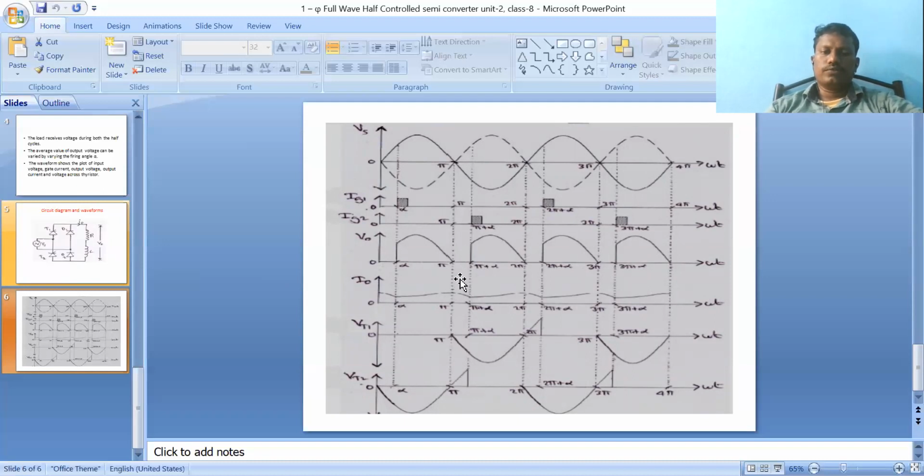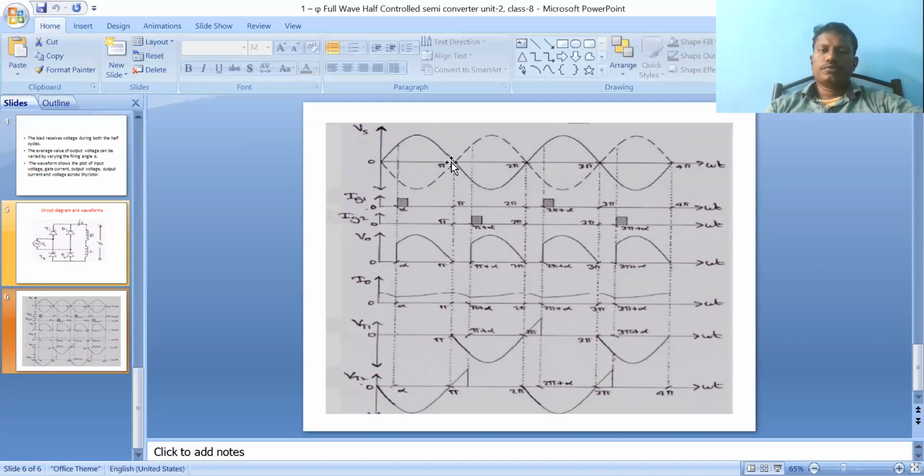So this is the graph of the semi-controlled converter. Clear? During the first half cycle, at the firing angle alpha, T1 turns on and D1 also turns on.